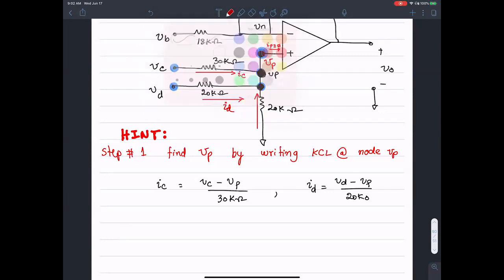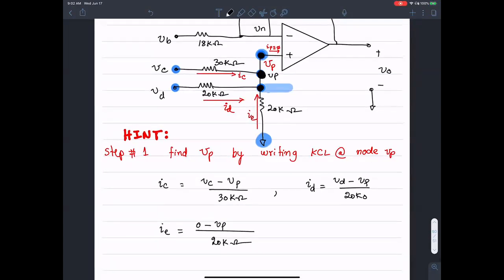Let's name this current here IE. Okay, so IE, that's the current going up. That guy is 0. So this potential minus this potential, 0 minus that potential over the 20 kilo ohm resistance. Okay, so IE is this guy.